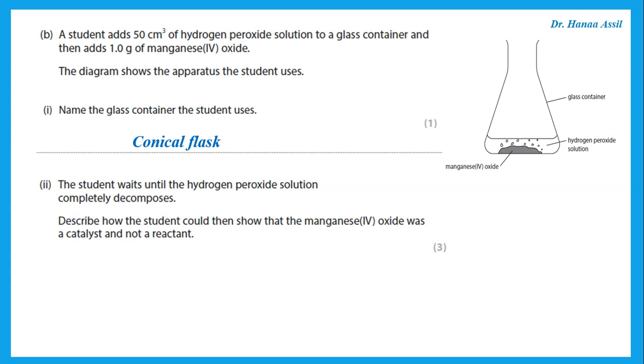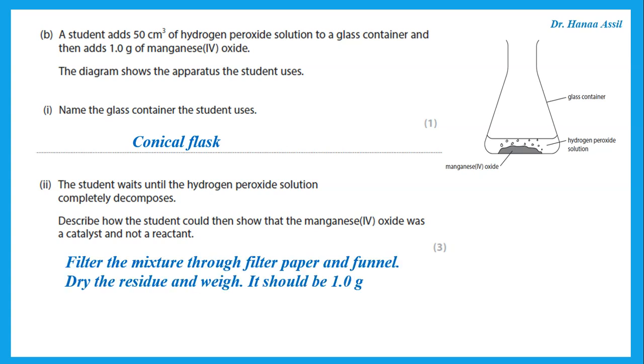Describe how the students could then show that manganese oxide was a catalyst and not a reactant. Remember, how do we prove that something is a catalyst? We are told that at the beginning he added 1 gram of manganese oxide. And we said a catalyst speeds up the reaction without being changed.